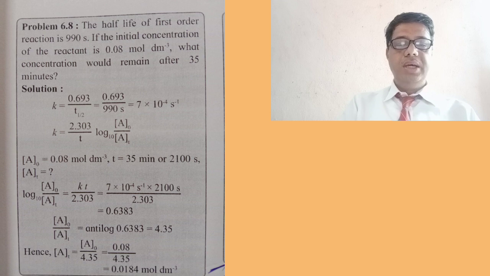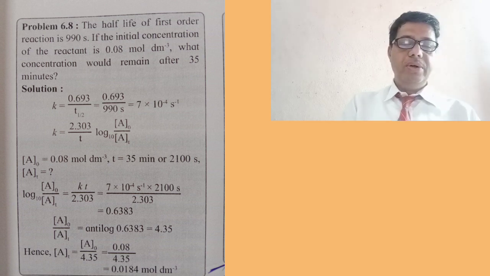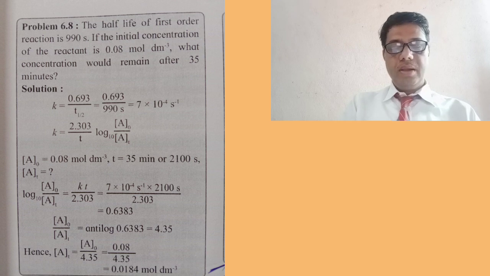Putting the values of k, t and 2.303, it becomes 0.6383. We take antilog on both sides, the log gets cancelled, and antilog of 0.6383 is equal to 4.35. Hence the concentration At is equal to A0 upon 4.35.